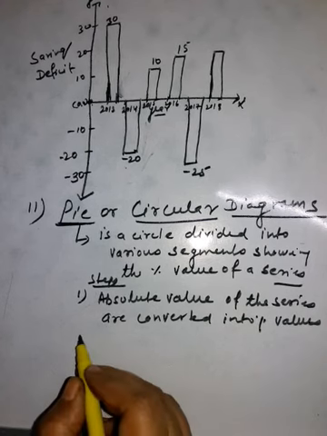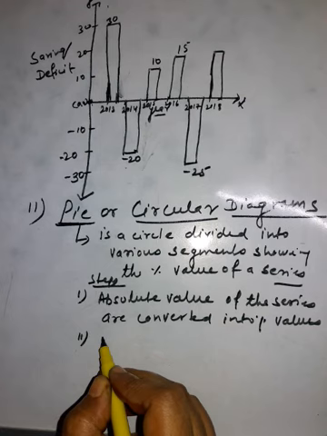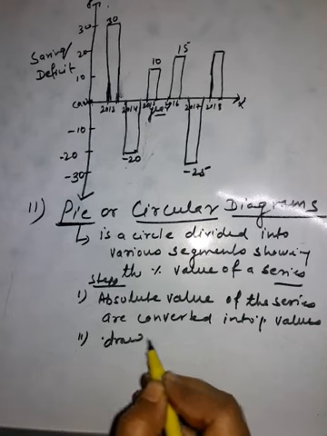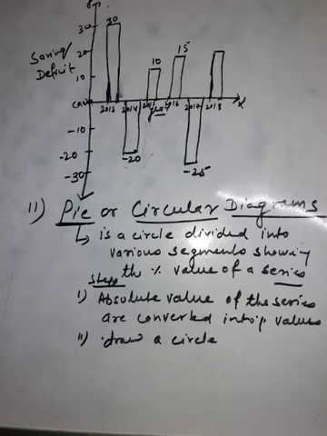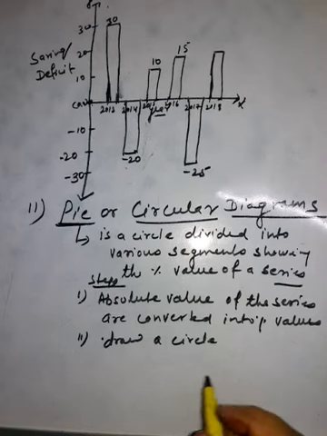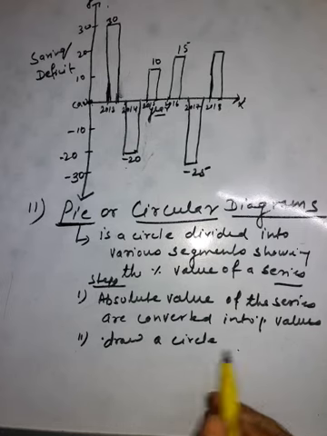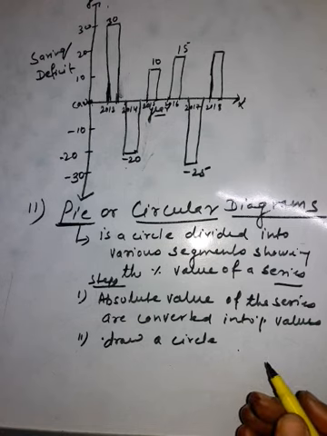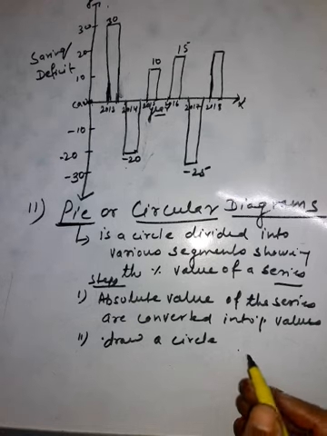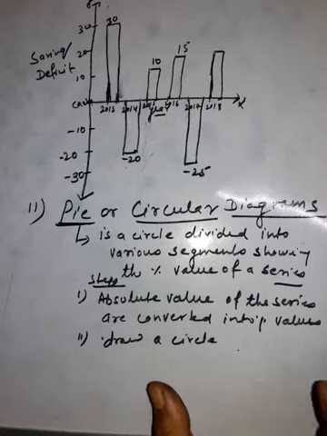Okay, second is draw a circle, and we have to note the fact that a circle can draw 4 angles of 90 degrees.